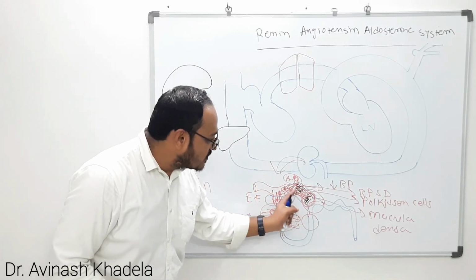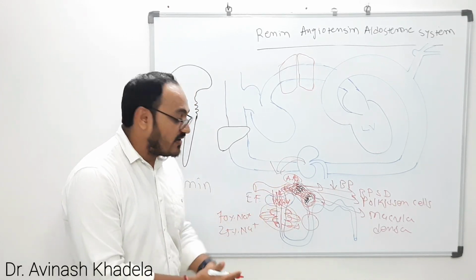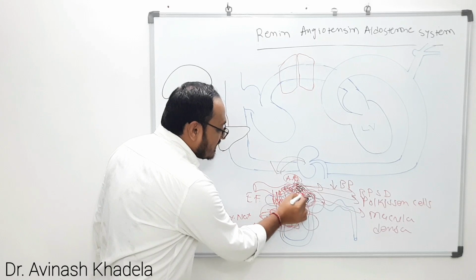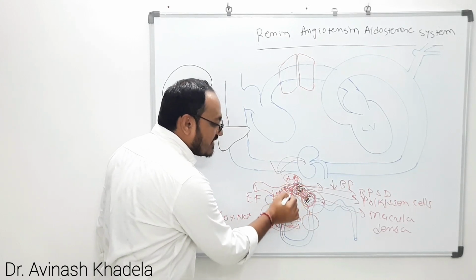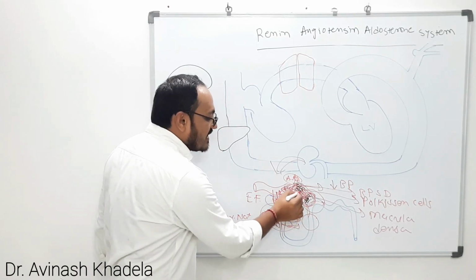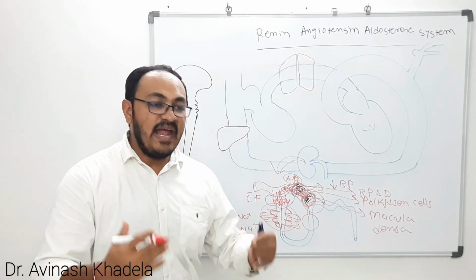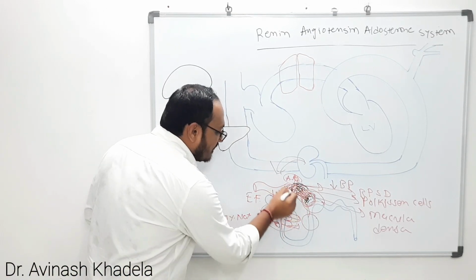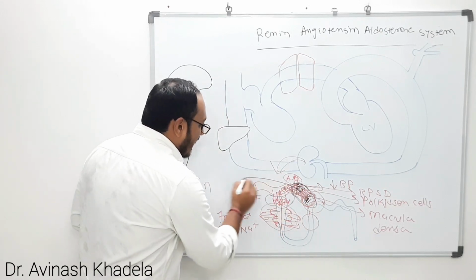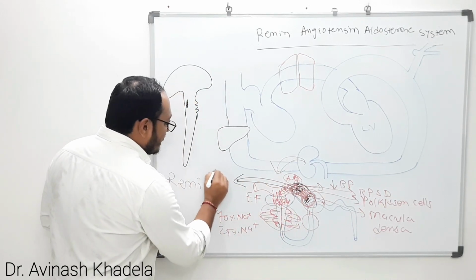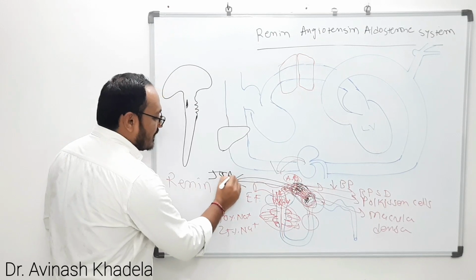Now these two cells are connected together via connective tissue cells. The polkissen cells and macula densa cells are connected via connective tissue cells, and together they form one apparatus called the juxtaglomerular apparatus.